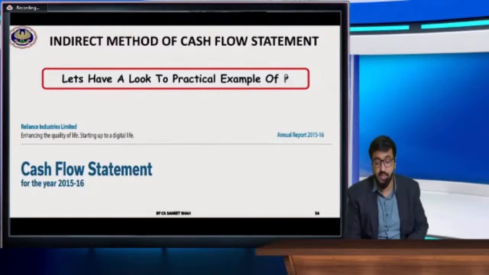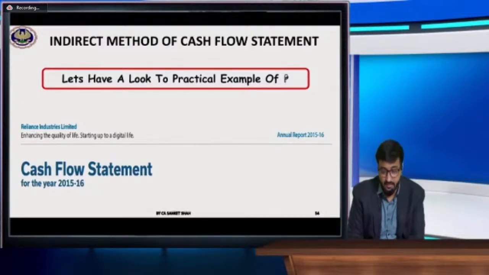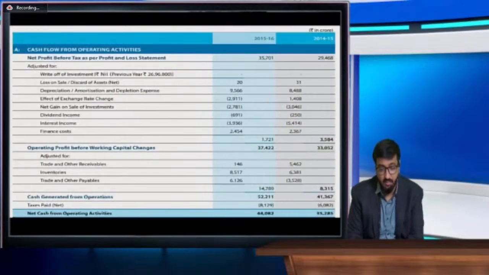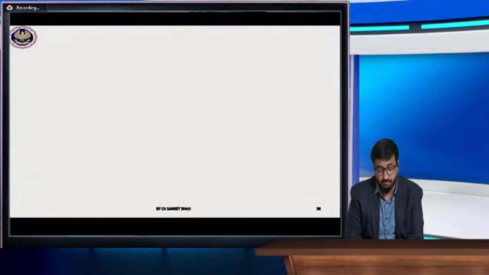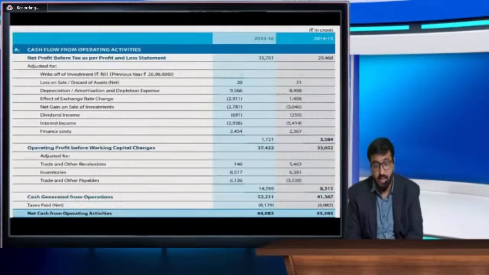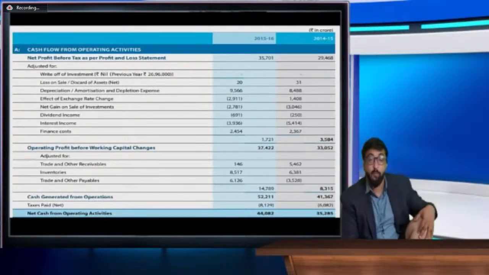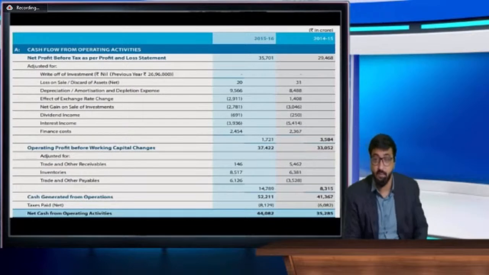Okay, first I will show you one practical example of the Reliance Industries cash flow statement. You can see here that they have started with net profit before tax, the statement of profit and loss account, adjusted for write-off of investment and loss on sale.